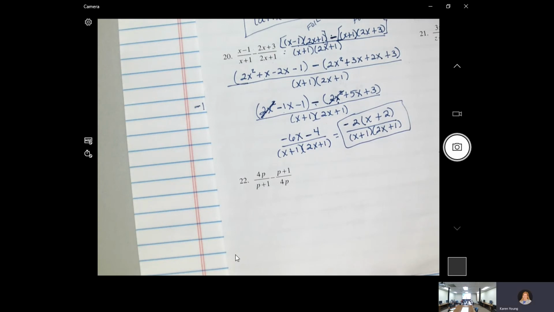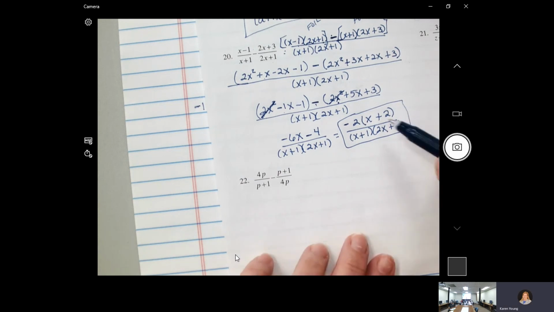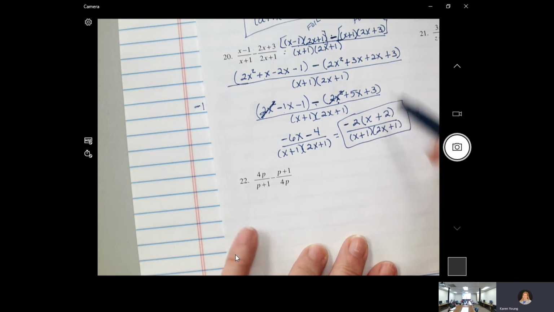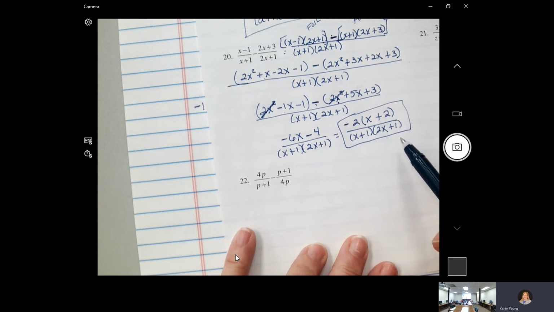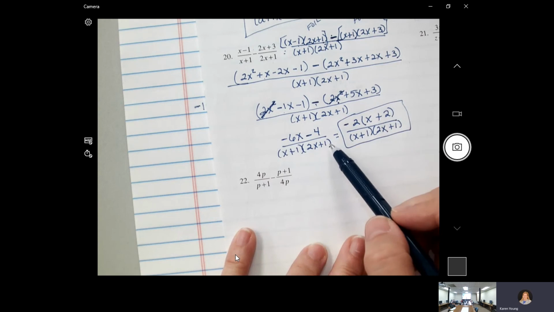Oh, we have to factor? If you can factor it and it's going to cancel the denominator, then yeah, you have to. But like this one, I know taking that negative 2 out, nothing was going to cancel, so I'd have left it just like this.